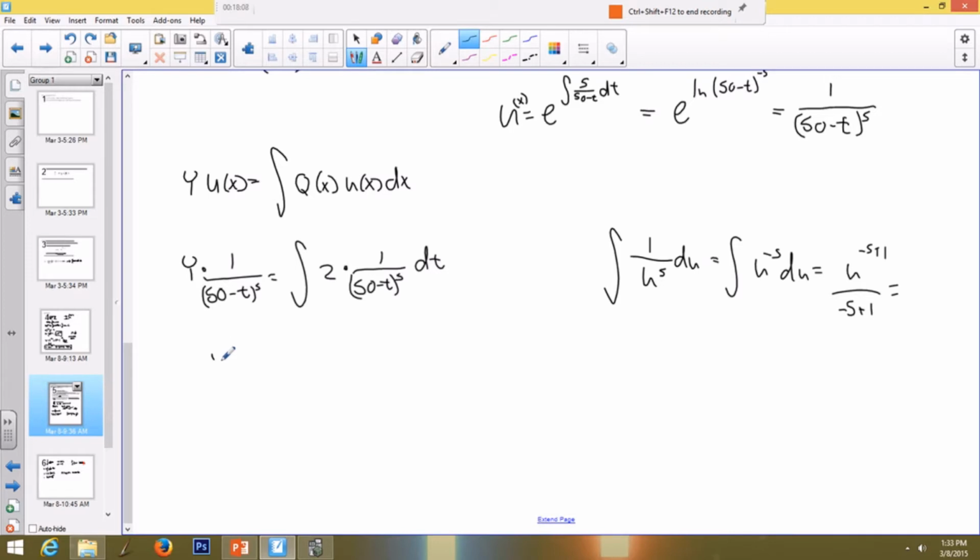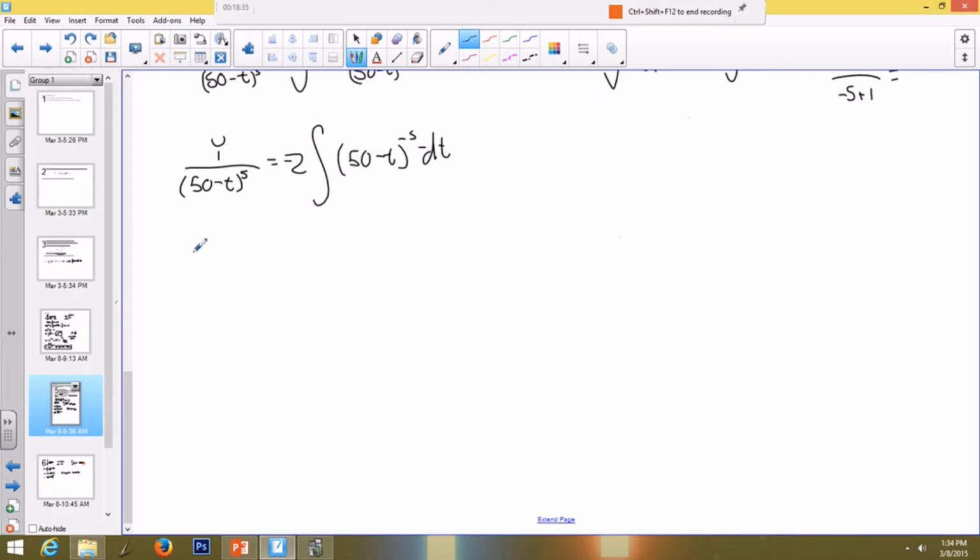So I've got my y over, I'm just multiplying, so 50 minus t to the fifth is equal to 2 integral, I got 50 minus t to the negative fifth dt. Now, because this is going to be my u, the derivative of u is negative 1. I need a negative there and a negative there.